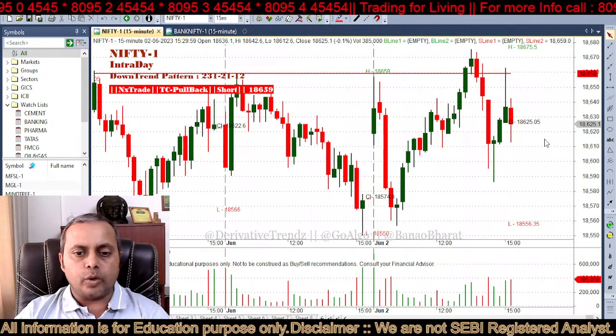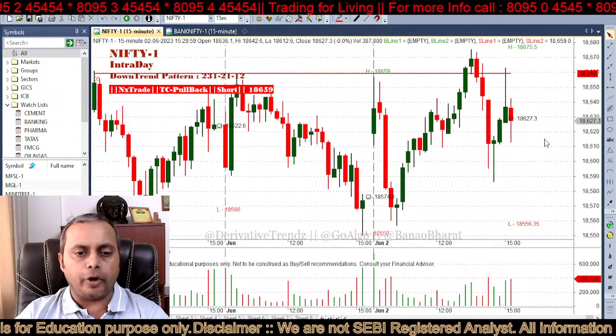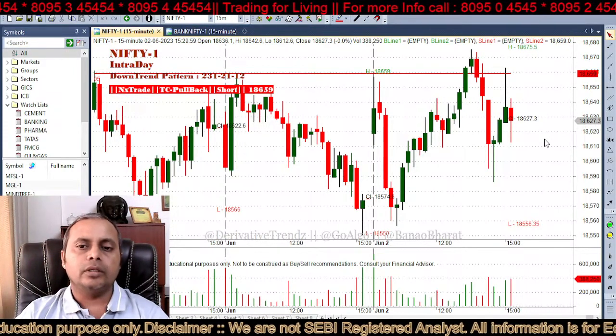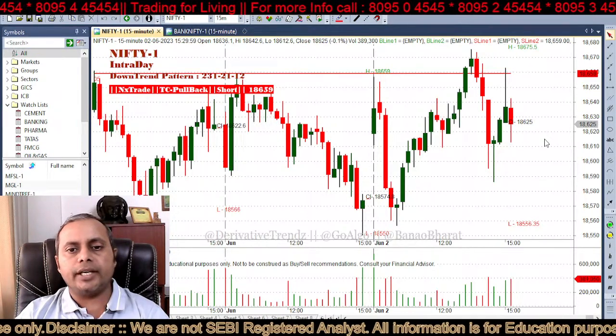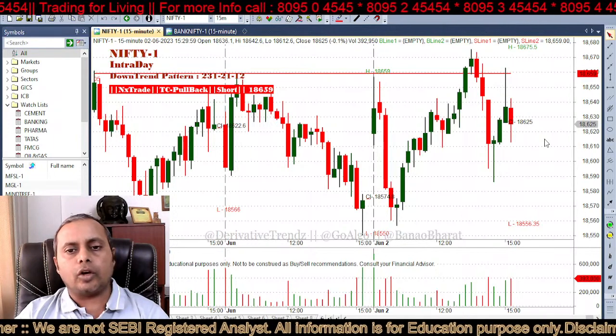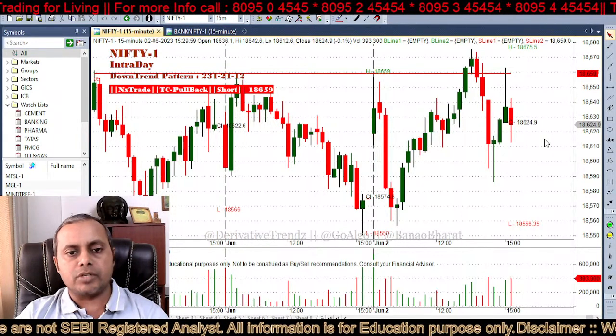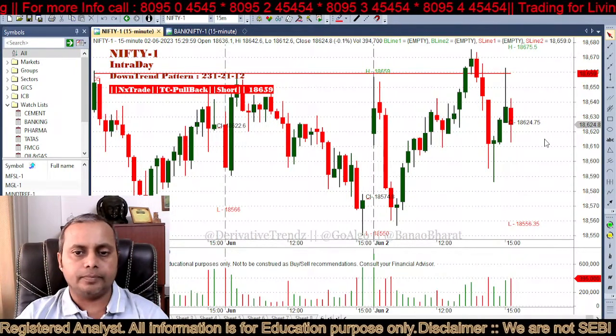If you see, yesterday's low was 18,550, so it survives by about 5 points. It doesn't break yesterday's low, and after that it makes a pullback attempt, goes up to yesterday's high of 18,659. Again it fails to cross that, and from there on it comes down and currently trading at 18,620 levels.